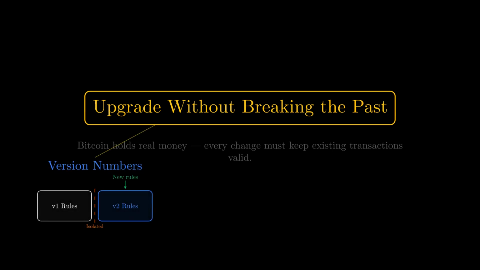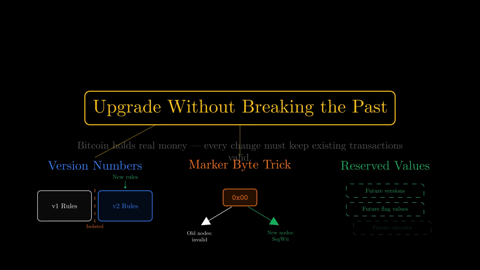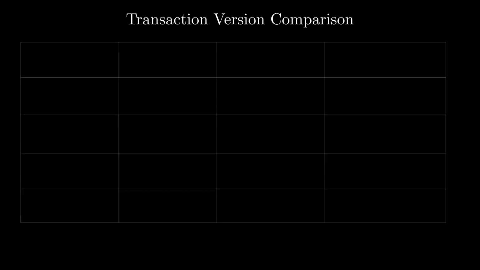Version numbers create isolated rule domains. The marker byte enables format evolution through deliberate incompatibility, using invalidity itself as a signal. Reserved values like unused version numbers and flag byte values beyond 1 provide room for changes that haven't been invented yet. This philosophy continues today.